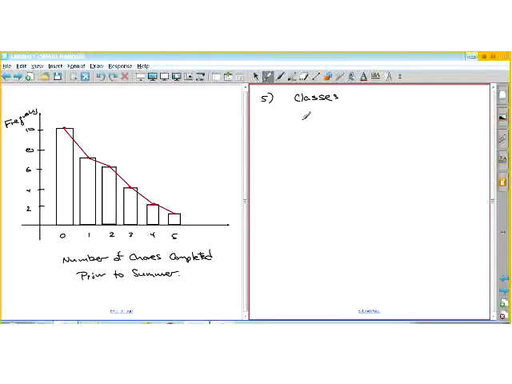So we look at our data and we see that the smallest number is 72, and that's why we choose 70. So they want us to group them by the lowest number being a multiple of 5. And they said there are 9.